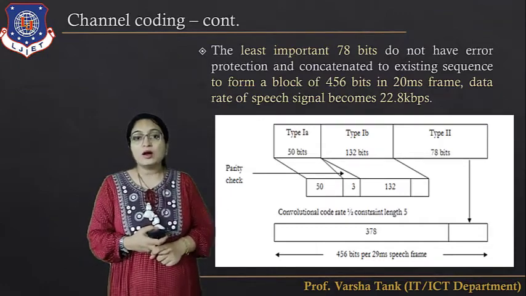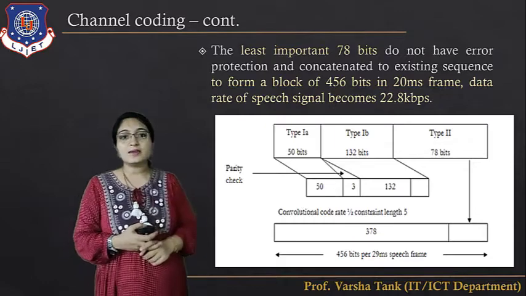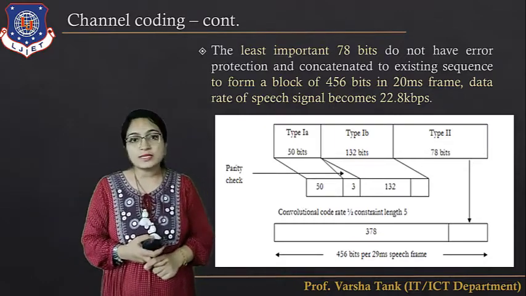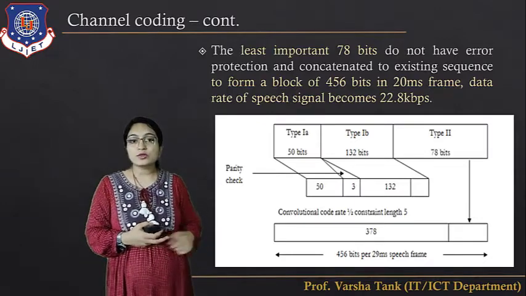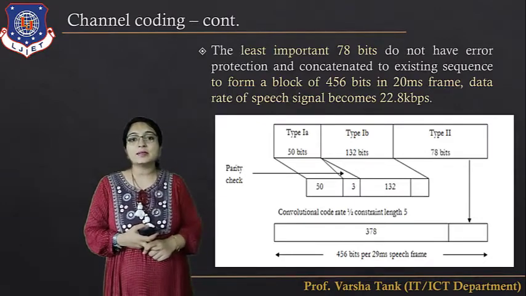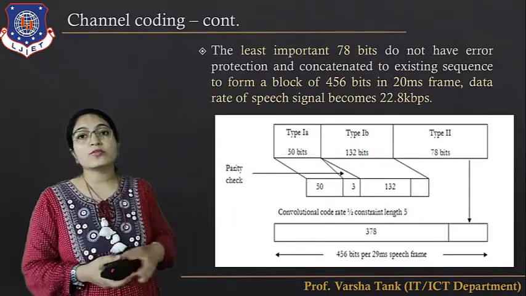This 378 bits and the type 2 bits, that is 78 bits, are combined, giving 456 bits for a 20 millisecond speech frame. To transmit these bits requires 20 milliseconds to transmit the 456 bits.